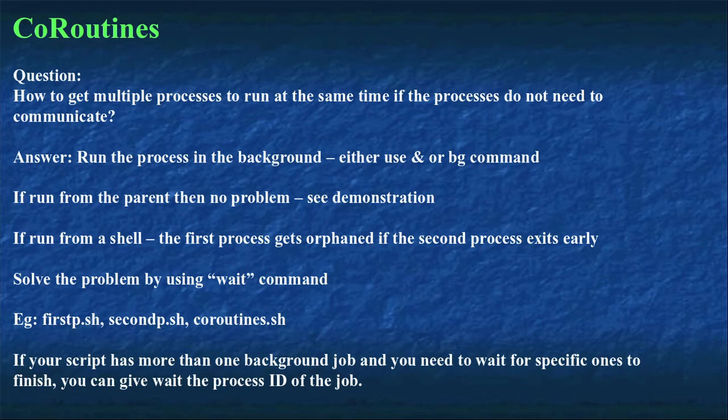Now, the question is, what do I do to ensure that I come back to my shell only after the background process as well as the second process that I start ends?